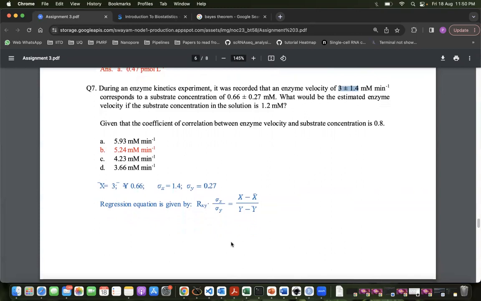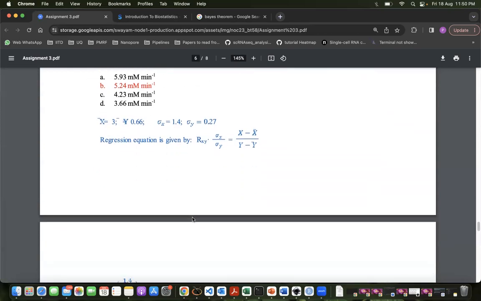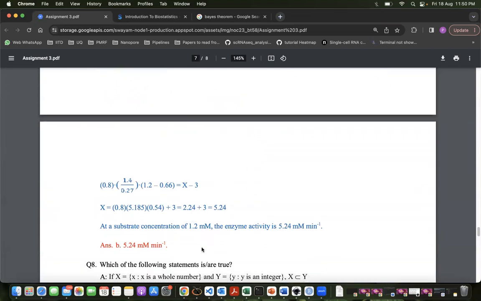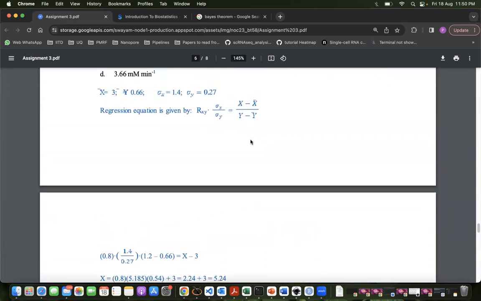Whenever the correlation coefficient is mentioned, we just need to calculate the slope as r into standard deviation of y by standard deviation of x. And later, when we have the slope, we can plug it into that same linear equation.